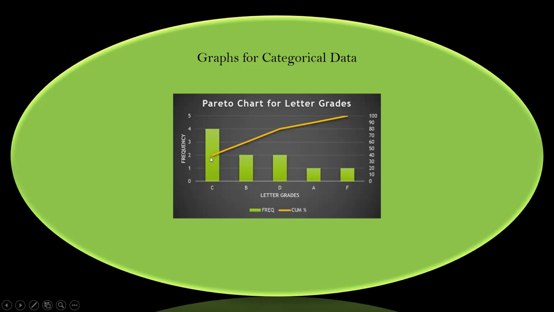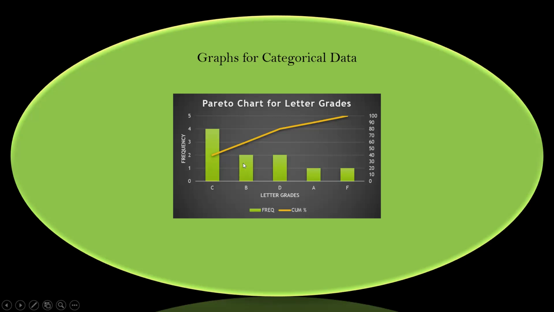The second thing that you will see is this looks like a little fishing pole, a rod over the data. This tells us the cumulative frequency or cumulative percent. In this case, it's telling us cumulative percent. So we know the C's constitute, in this case, 40% of our grades. And we know that since we had 10 scores, 4 out of 10 times 100 is 40%.